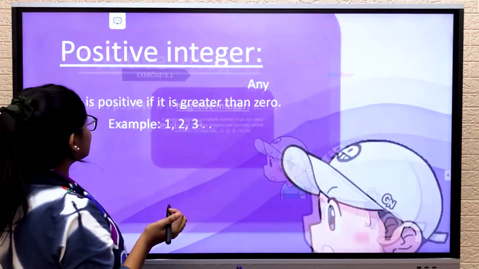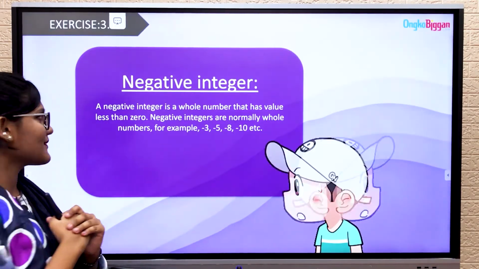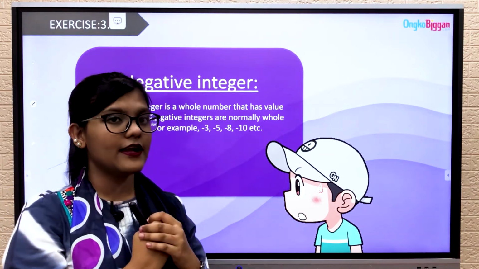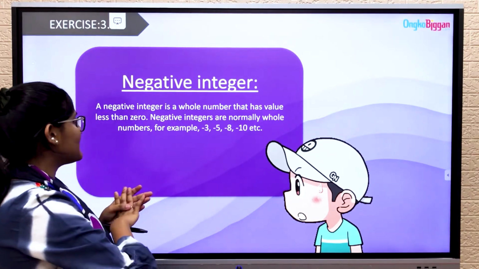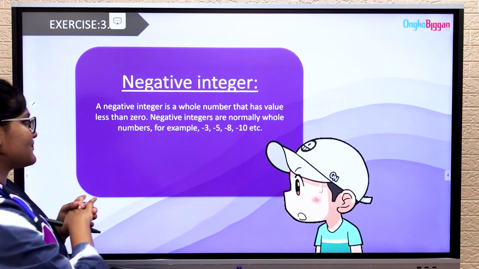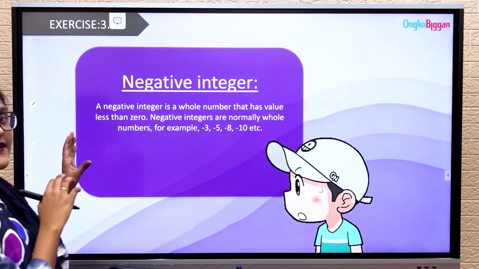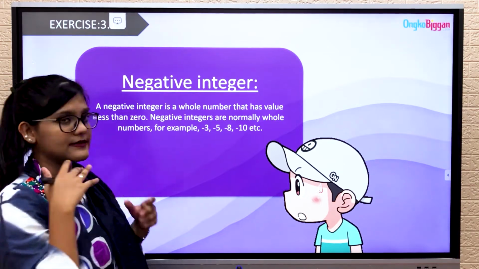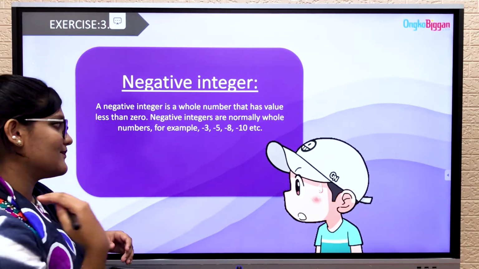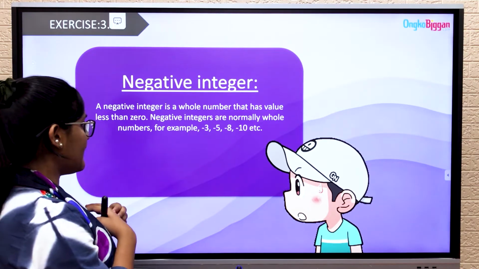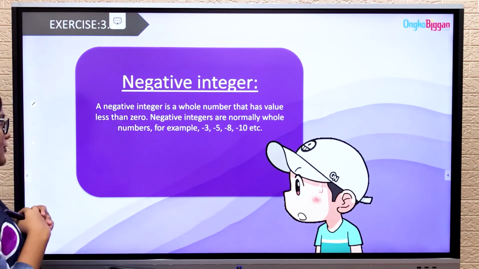So what is a negative integer then? We haven't talked about negative integers before. It's a new concept, so I am going to start with this. A negative integer is a whole number that has a value less than 0.